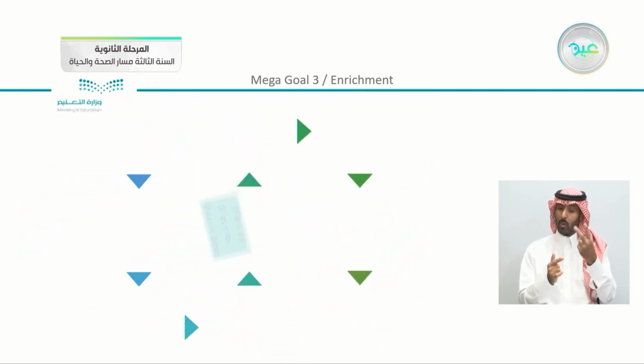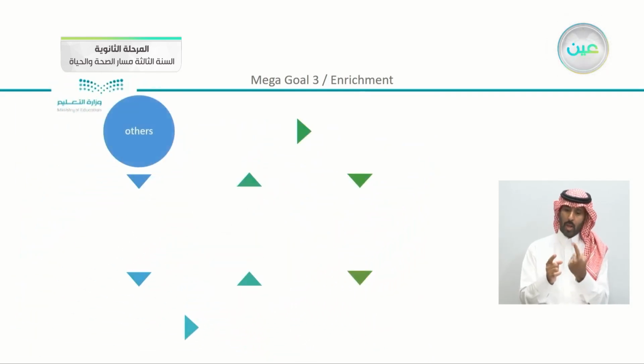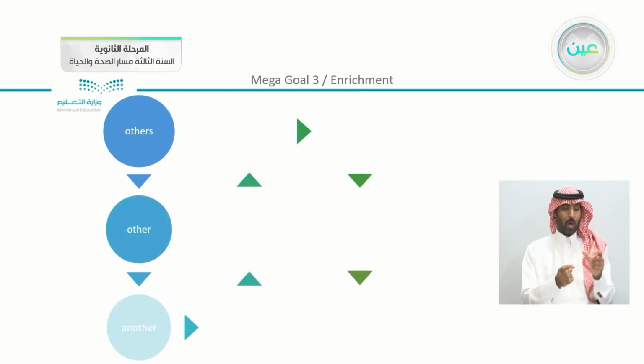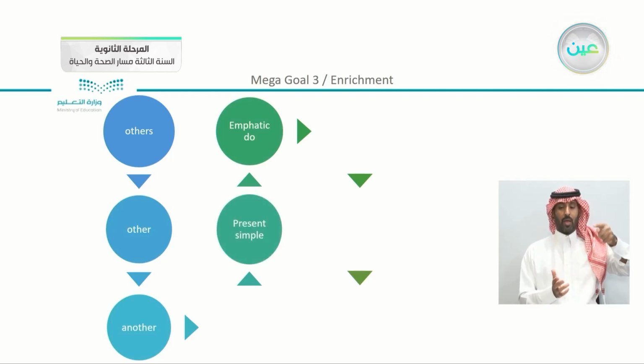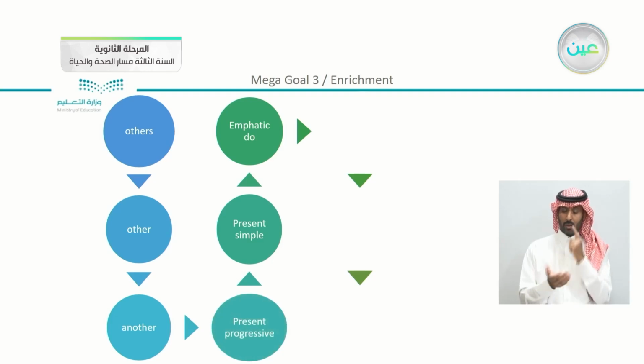We studied lots of things actually. We studied the words others, other, and another, and the difference between them. We had emphatic do. We also studied the present simple and compared it with the present progressive.